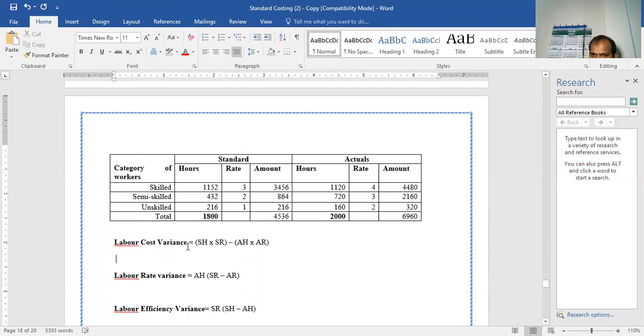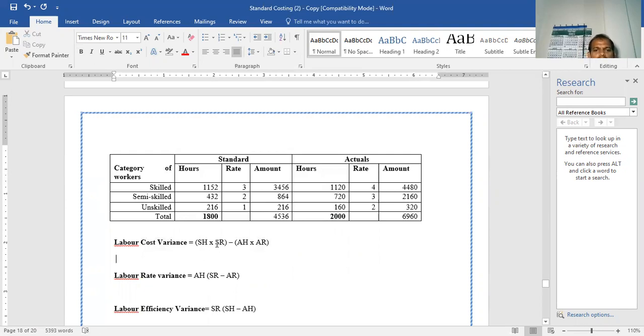Now onwards, we'll use this table to calculate the labor variances. Labor cost variance is the variance between standard cost and actual labor cost.